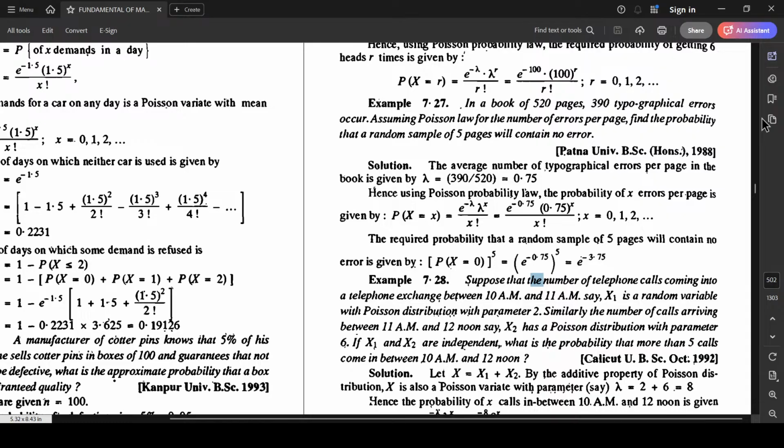So we will do the test 5 times, right? So the 5 becomes the power of getting no errors. No error means x becomes 0. So you put 0 here. 0.75 to the power of 0 is 1, and the denominator becomes 1. e to the power of minus 0.75, to the power of 5, multiplying with e to the power of minus 3.75. Yes.